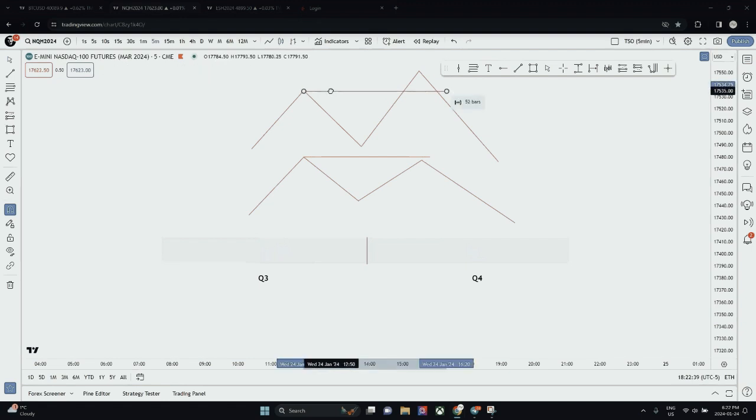There's more, of course, but this one is what I found specifically when I was searching for something that would aid me in finding out when Q4 will reverse, right? And this is something that I found, which is amazing, and you guys will see.